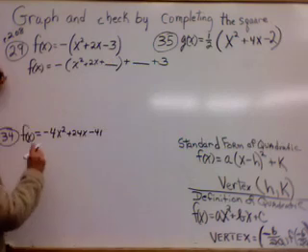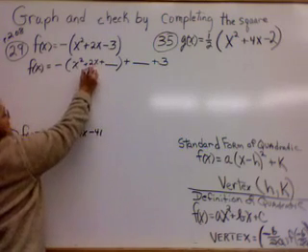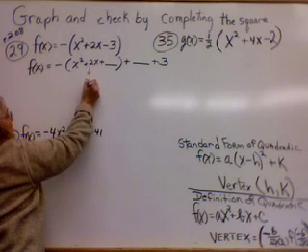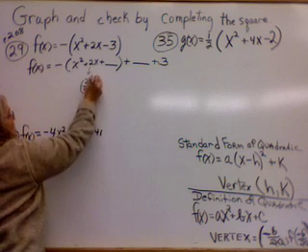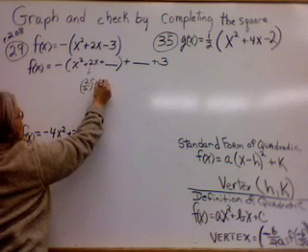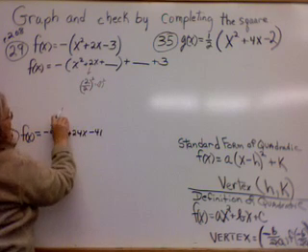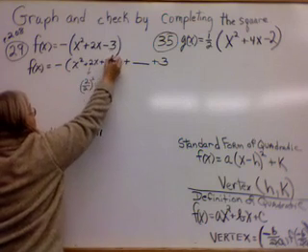The new number I want to find, I use the process called complete the square. Take this number, the 2, divided by 2, and square it. 2 divided by 2 is 1, and 1 squared is 1. So the number that goes in that space is a 1.